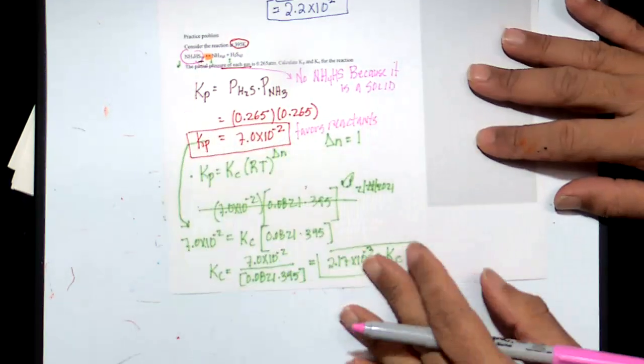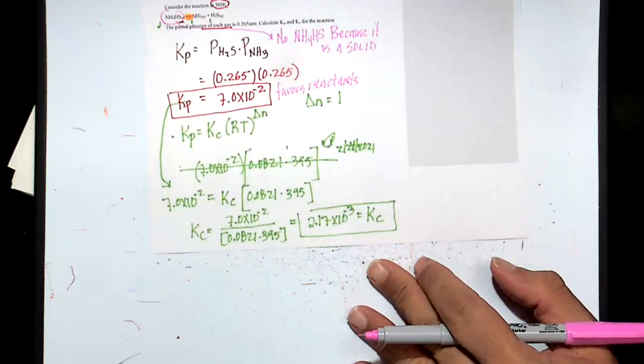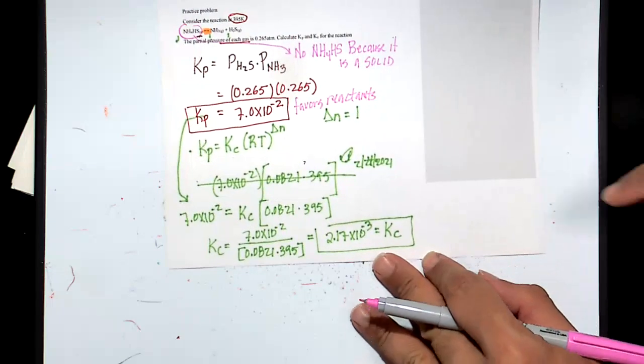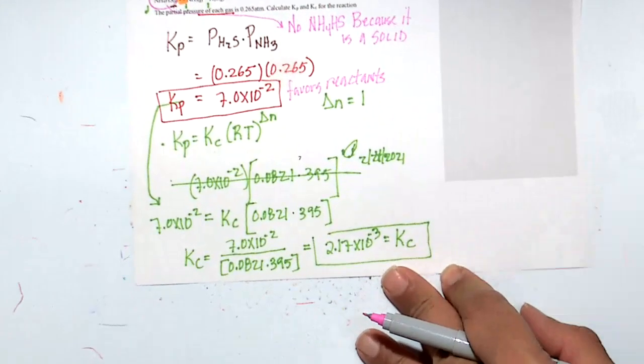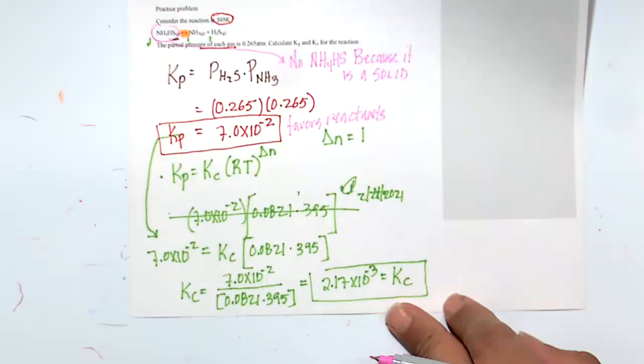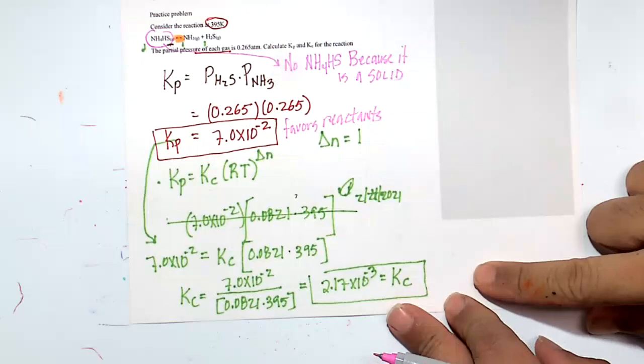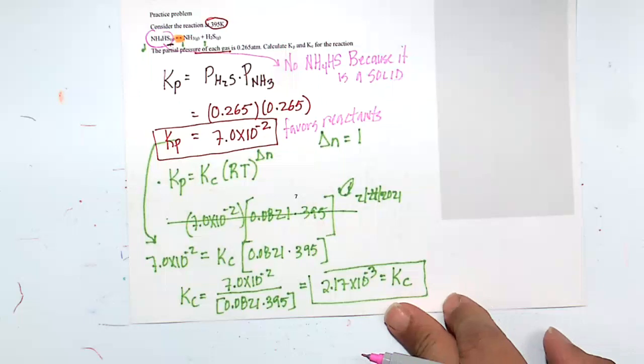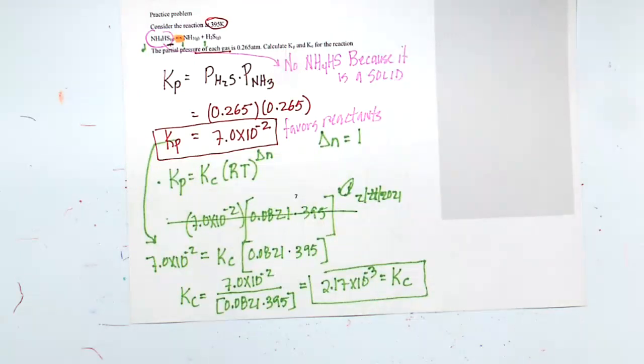That was talking about gases. What about if you're talking about concentration? Which way will this favor, reactants or products? 10 to the minus 3. Still reactants. 10 to the minus 3 will still favor the reactants.